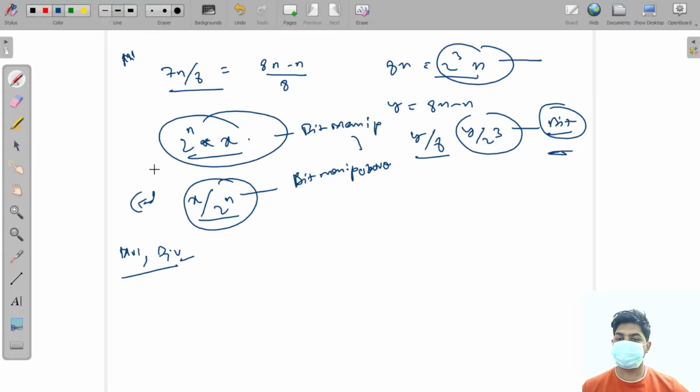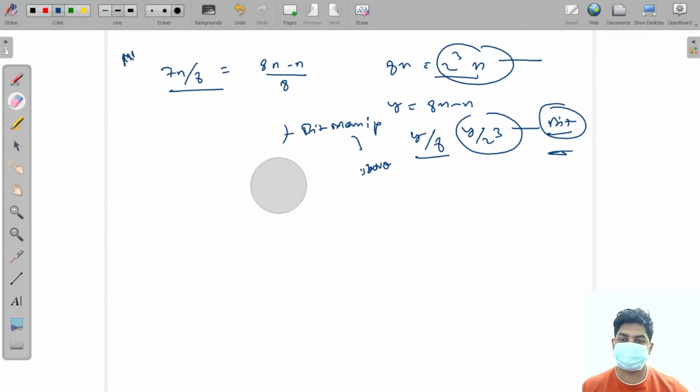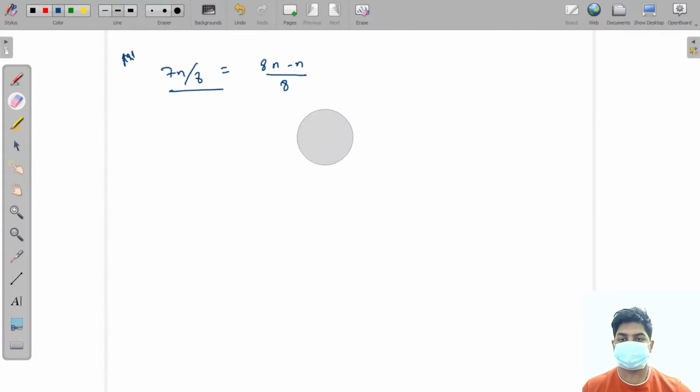Now let's move on to what technique we are going to use to generate this. Suppose we have any number n. If we left shift that number by x times, then it is equal to n into 2 raised to power x.